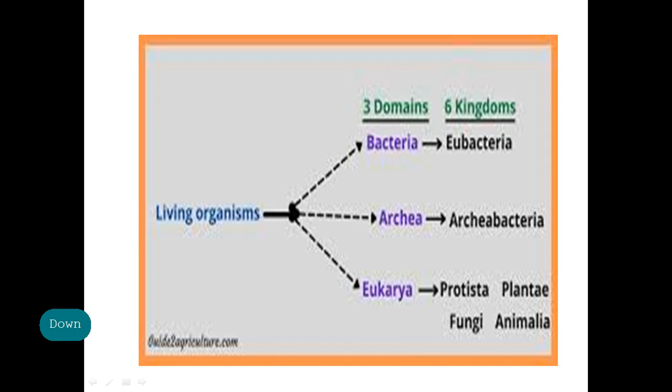As we said earlier, we have three main domains of classification and 5 or 6 kingdoms of classification. The domain is the largest taxonomic rank. We have three main domains. All living organisms in the universe can be put into one of these categories, either being bacteria, archaea, or eukarya.